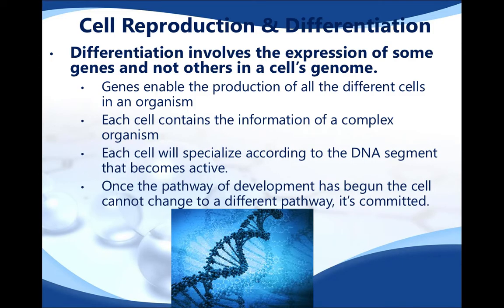So with differentiation, it involves the expression of some genes and not others in a cell's genome. Now, some gene expression can be referred to as the genotype, which is quite literally the type of gene, and this can also then be determined by if it is a phenotype, i.e. if it has physical characteristics or its physical properties are present that can be seen.